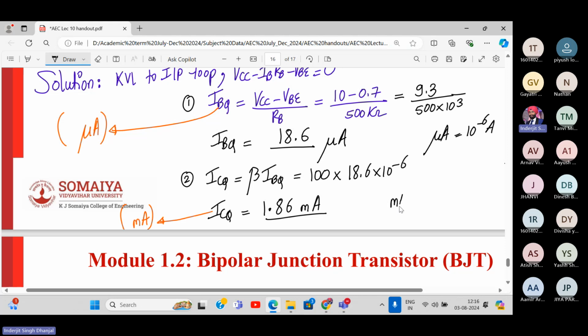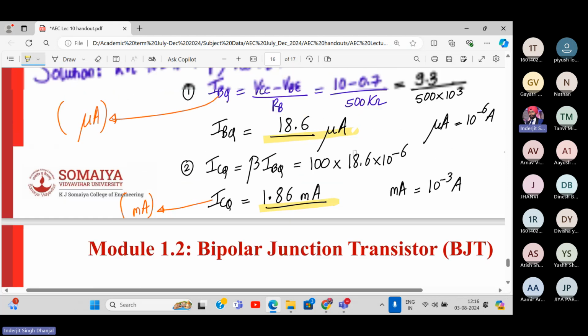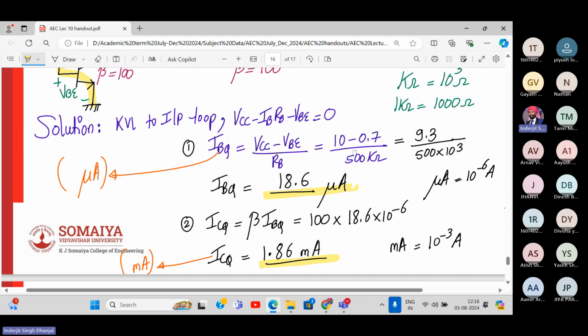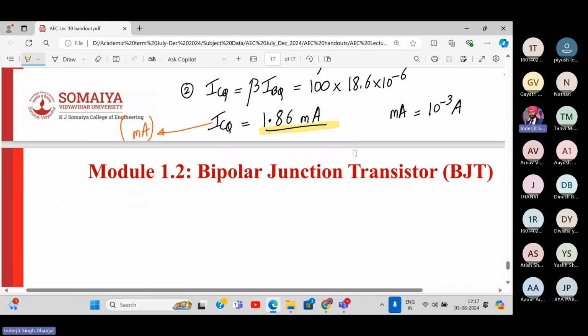Milliamperes will be 10 raised to minus 3 amperes. Are you all getting this much? Okay, I'll go ahead assuming that you've already got it.